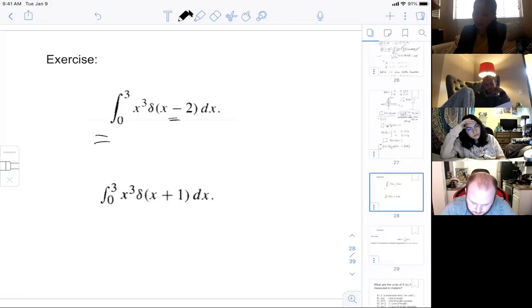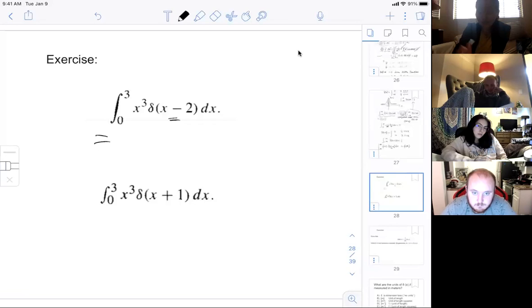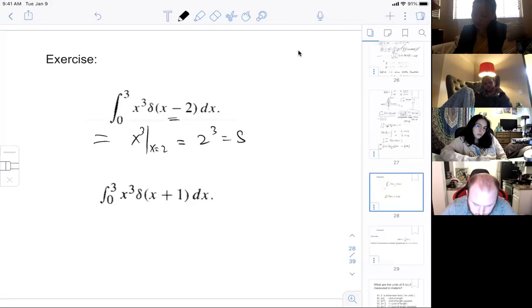Is 2 inside my integration limits? Yes, it is. So at x equals 2, it's going to be 8. Very good. The second one? It equals 0. Very good. It's going to want us to pick out x equals -1, but we don't have that in our limits, so it's going to be 0. Very good. Okay.